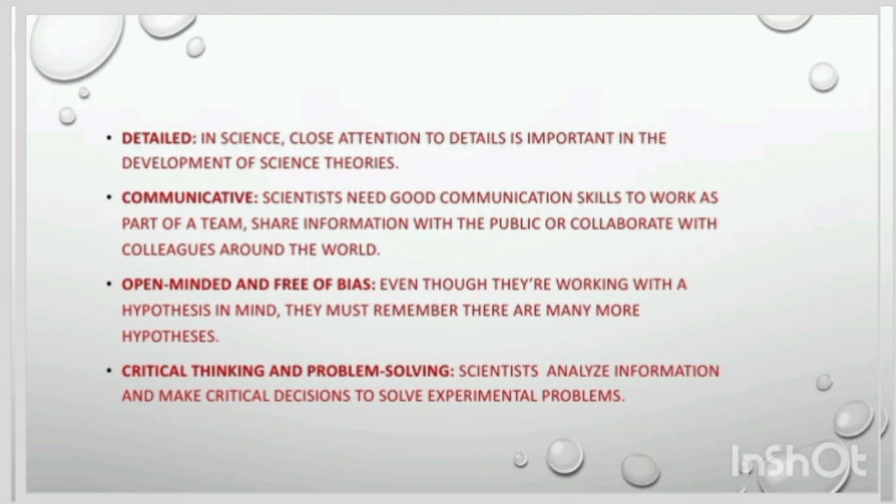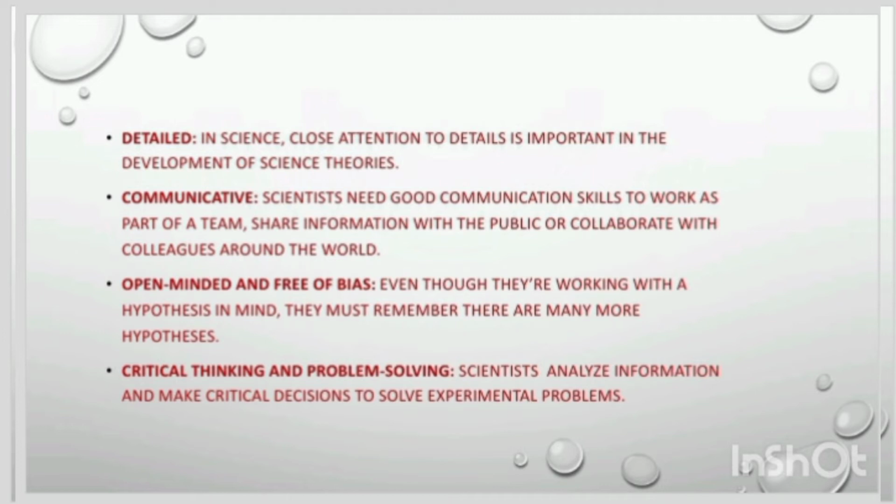Another is communicative. A scientist must have good communication skill because you cannot be an island. A scientist must be part of a team and also work, even collaborating with other colleagues all around the world, as well as sharing, divulging your information, your experimental data, your experimental results. So you must have the communication skill to be able to achieve this.